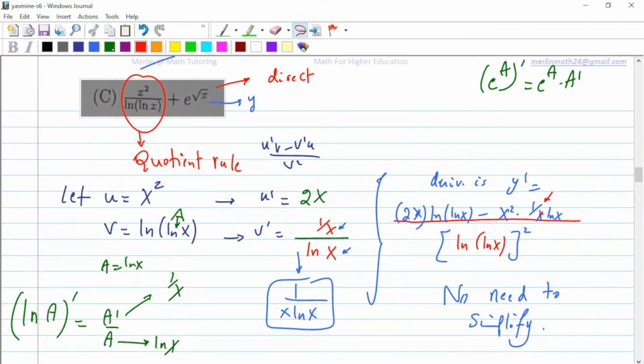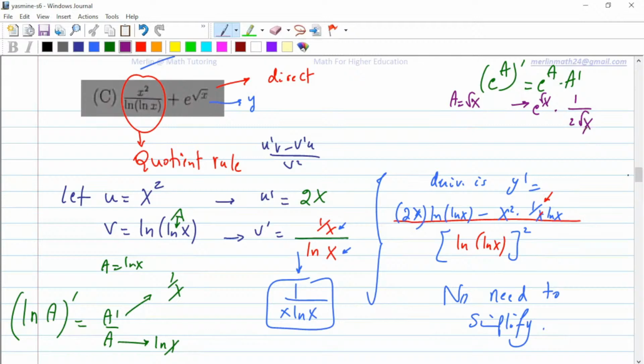Still that term you want to derive. Deriving e power radical x: so a is the radical x, right? Now your answer would be simply e power radical x times the derivative of radical x. Either you put it as x power half, or I can write it as 1 over 2 root x.